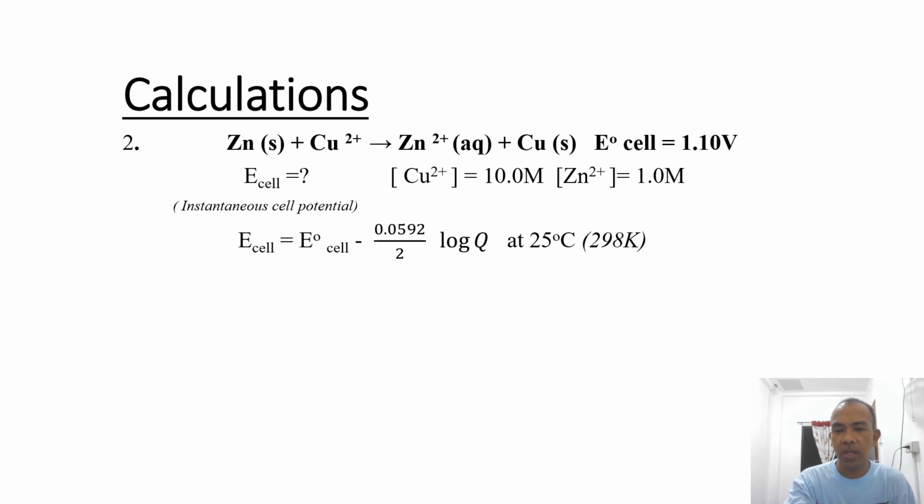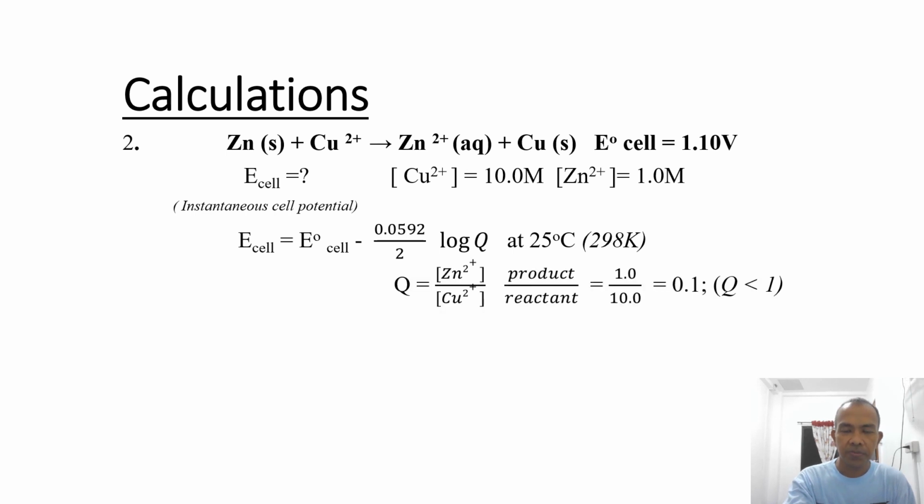Using the equation again at 25 degrees Celsius, the reaction quotient, product over reactant, zinc 2 plus over copper 2 plus, will be 1 over 10, which is 0.1, so Q is less than 1.